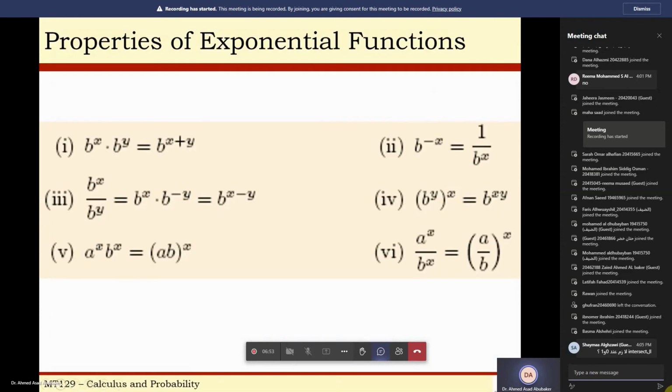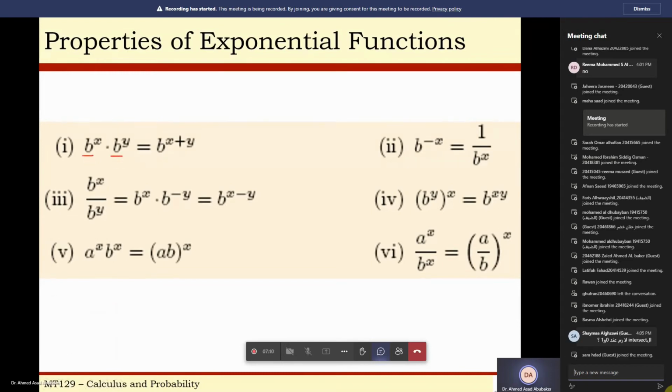Okay, now these are properties of exponents that we already discussed. If we have the same base and different powers, in multiplication we can add the powers. In division we can subtract the powers. Look at this, addition of the exponents in multiplication, and subtraction in division with the same base.